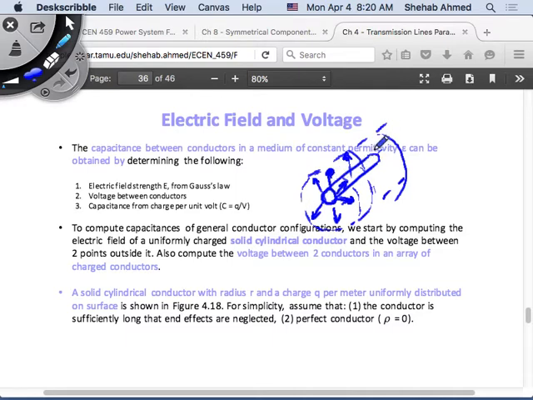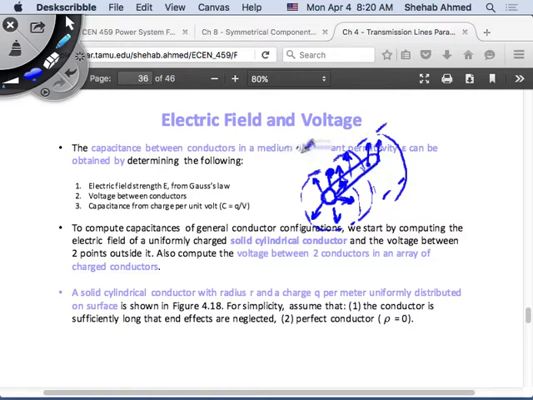It's like the assumption of evenly distributed current before, the constant current density that we had. Here I will use a constant charge distribution across the surface. So any charge here will cause an electric field, and they're all going to be the same. So the strength of the electric field at any radius around the conductor will be the same.